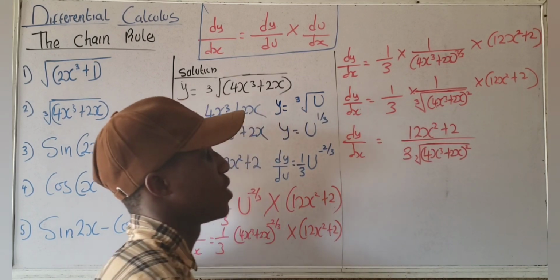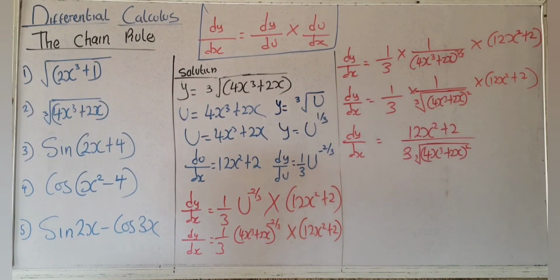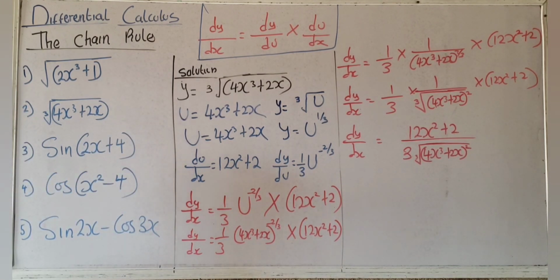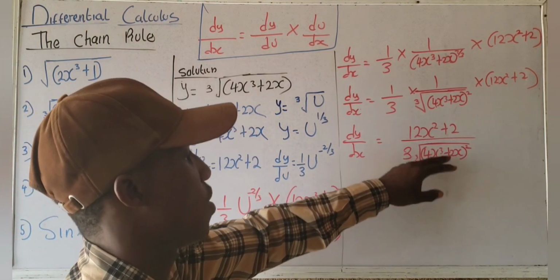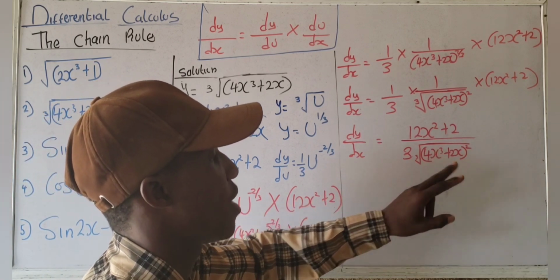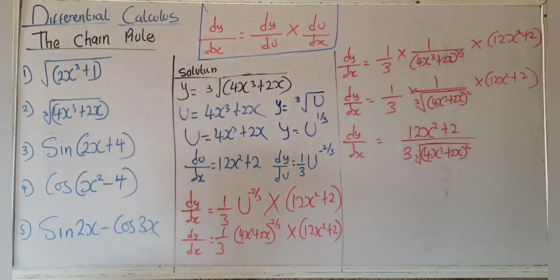So that is the derivative of the function. This is the derivative of y equals cube root of 4x raised to the power of 3 plus 2x, which is 12x squared plus 2 all over 3 multiplied by the cube root of 4x raised to the power of 3 plus 2x squared.